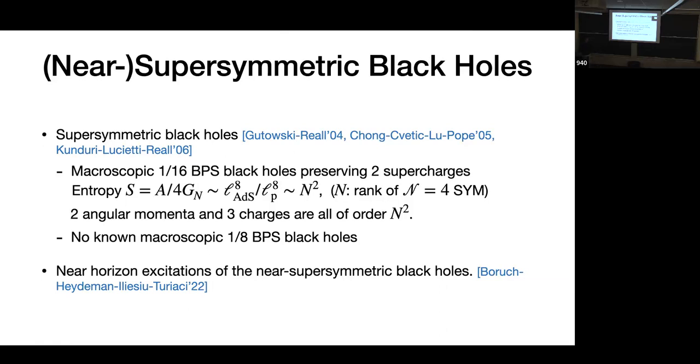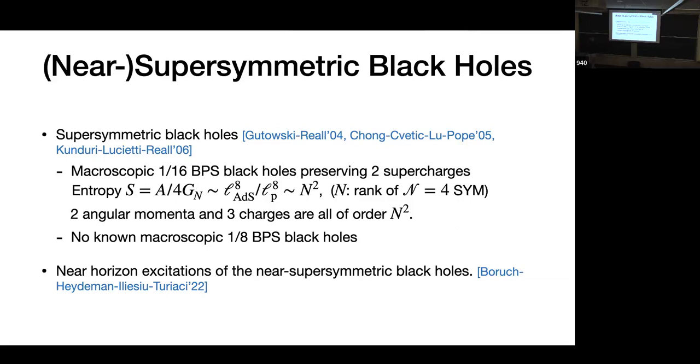These black holes are macroscopic, and they are solutions to some supergravity. They preserve 2 out of the 32 supercharges. In other words, they are 1/16 BPS black holes.